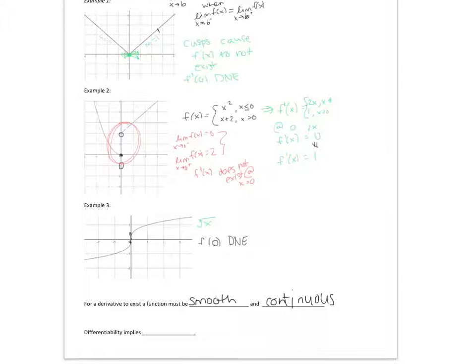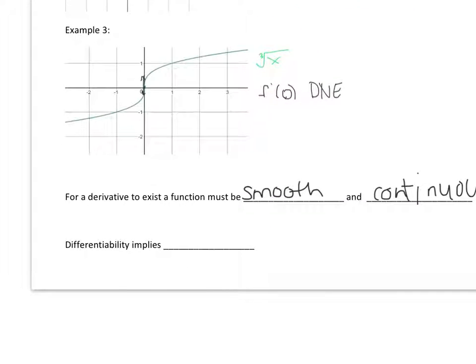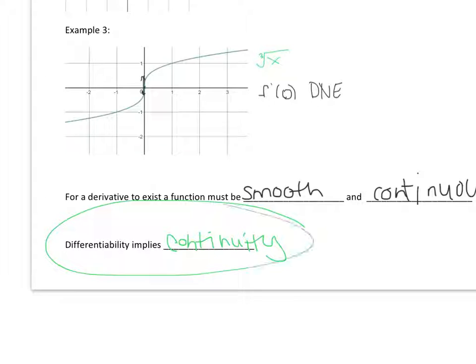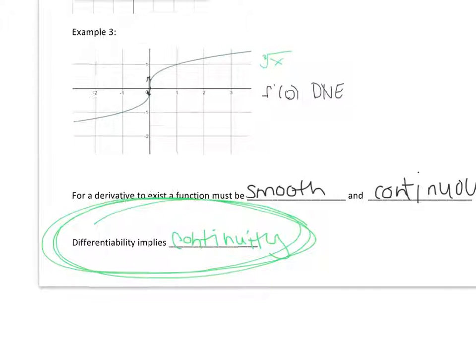The other thing that I want to point out that's super important is that if your function is differentiable everywhere, that implies continuity. Differentiability implies continuity. So again, go back to this definition of a function we talked about all the way up here.